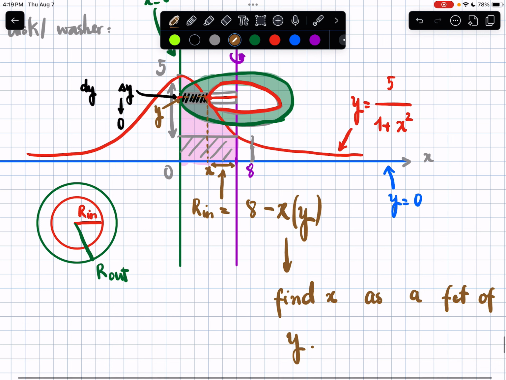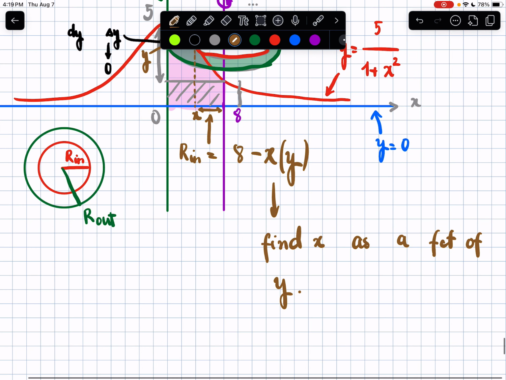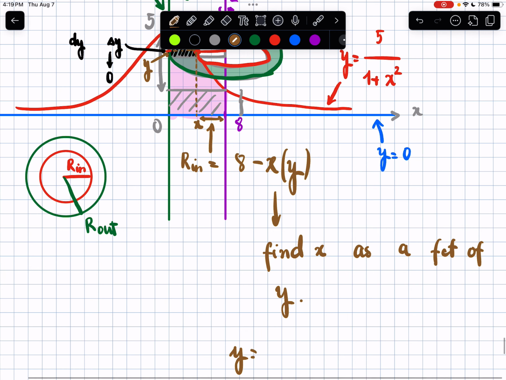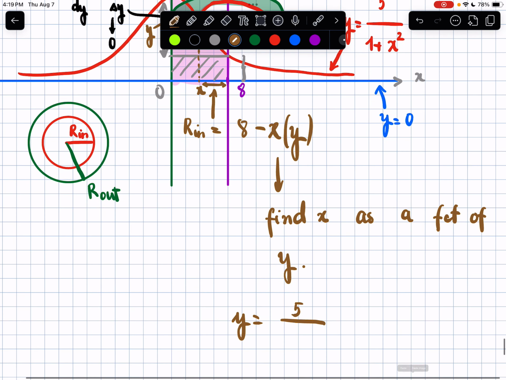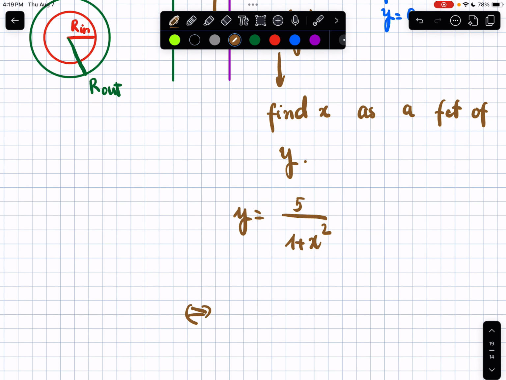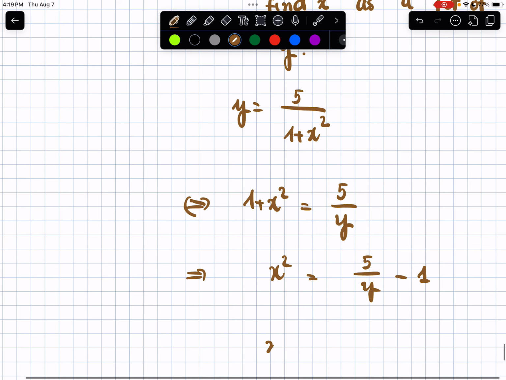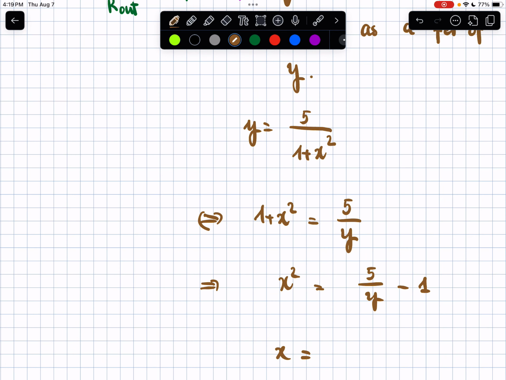In this case, y equals 5 divided by 1 plus x squared. So 1 plus x squared is 5 divided by y, x squared is 5 divided by y minus 1, and x is the square root of 5 divided by y minus 1.